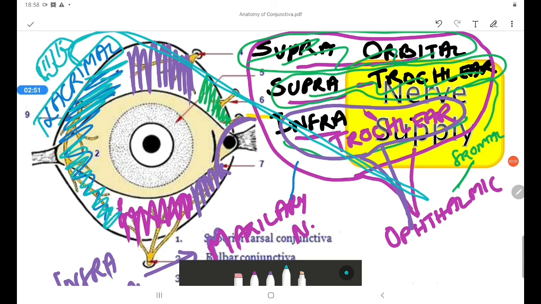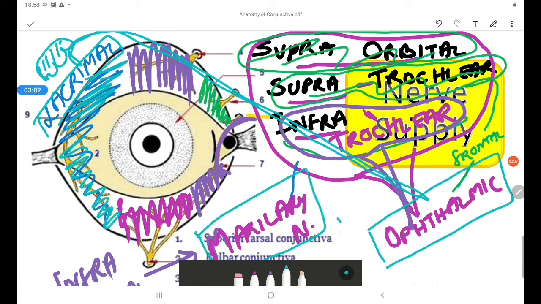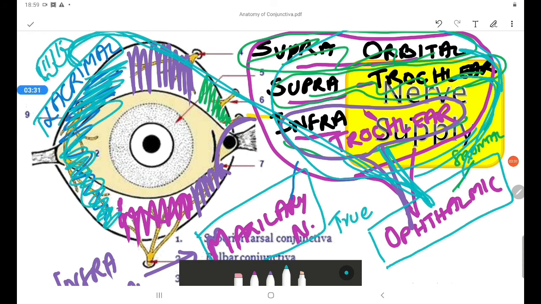So remember, if you are asked in one word, the lid's innervation is by the ophthalmic nerve and the maxillary nerve, and that statement will be true, because the ophthalmic nerve gives rise to the frontal nerve which divides into supraorbital and supratrochlear. It has a fresh branch called infratrochlear, which takes care of the medial end of the lid. It also gives rise to the lacrimal nerve, which takes care of the lateral end of both the upper and the lower lid.